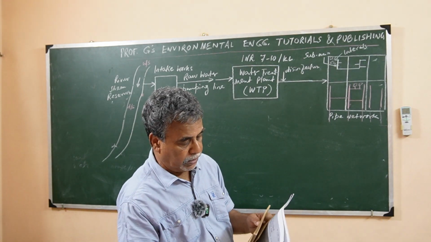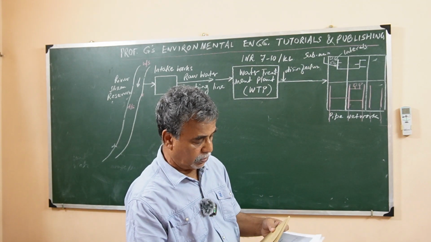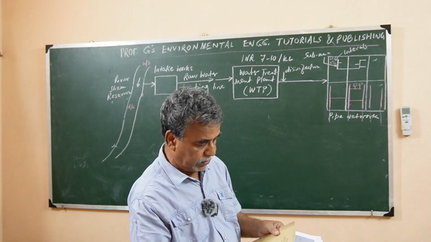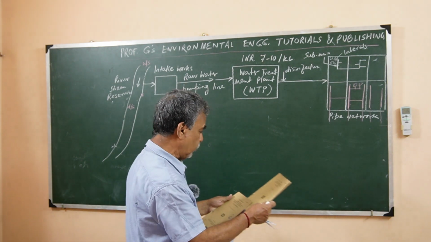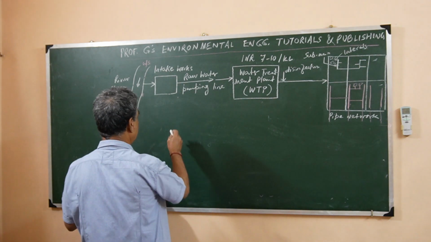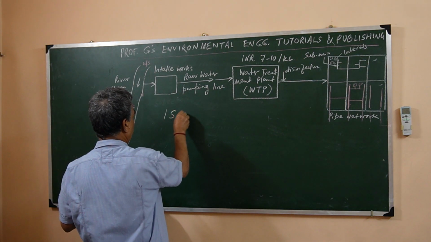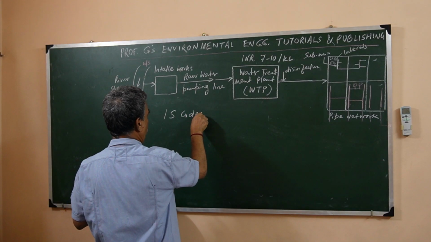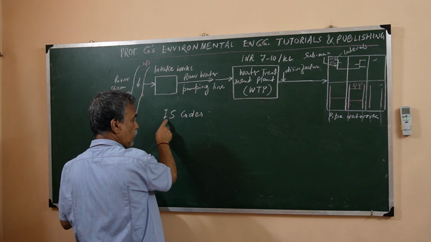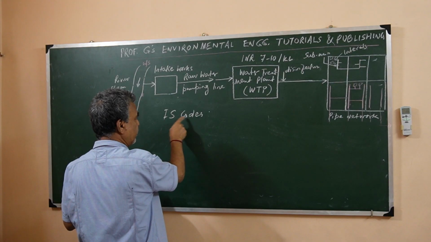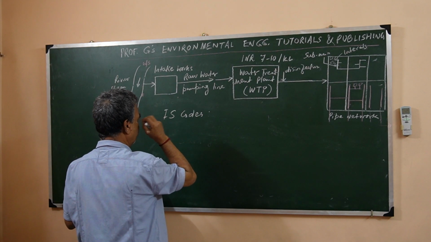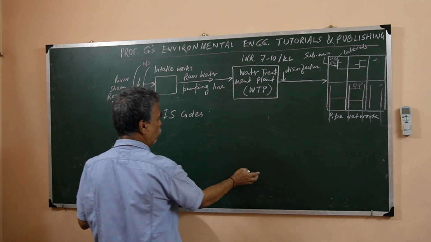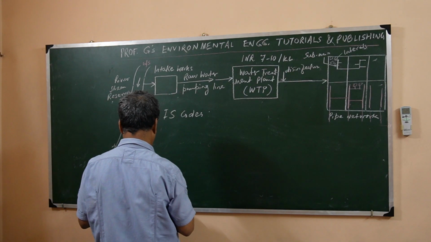And then there is the quality requirement. So mainly the CPHO manual will be there. Then for requirements of water supply, there is the IS code also. You know that Indian Standard codes are from the Bureau of Indian Standards, Government of India. This is also Government of India, as I have already mentioned.